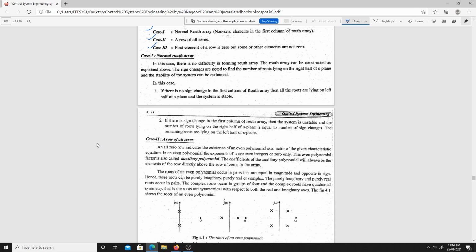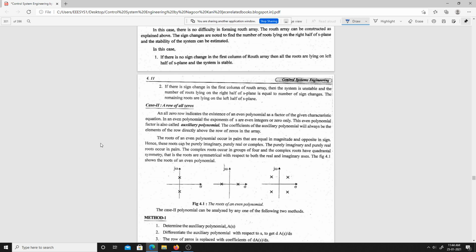Now when we talk about case 2, a row of all zeros, a row of all zeros indicates the existence of an even polynomial as a factor of the given characteristic equation. Is that clear?